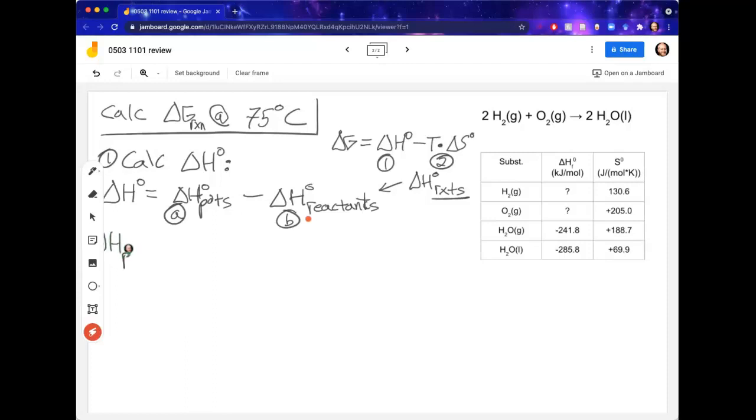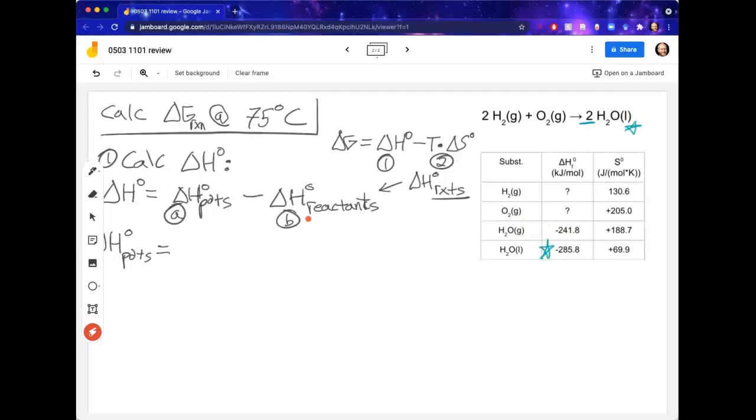So for the products, we've got to take the stoichiometric coefficients and line it up with the quantity in our table. But I actually just marked the incorrect one. Remember that the states of matter are important, and so we need the liquid value.